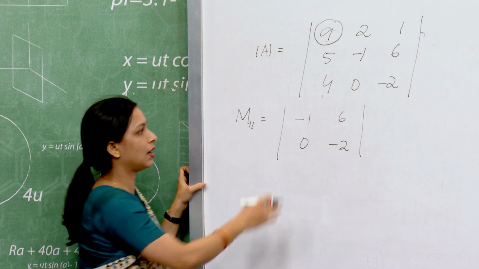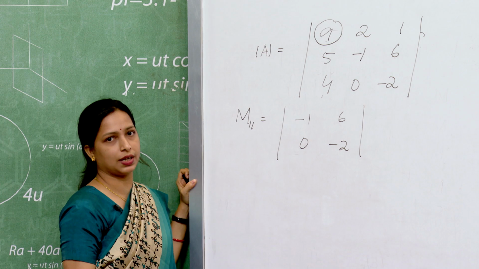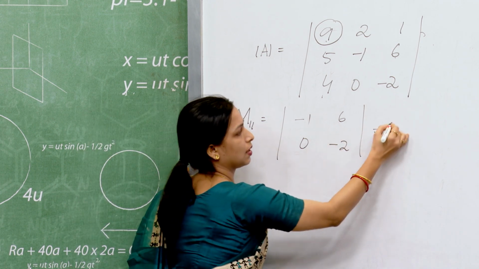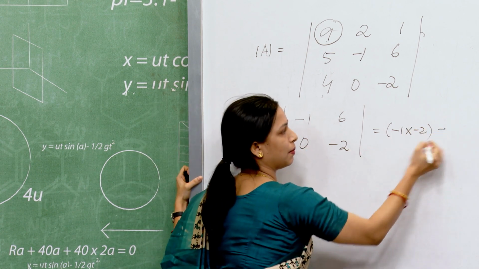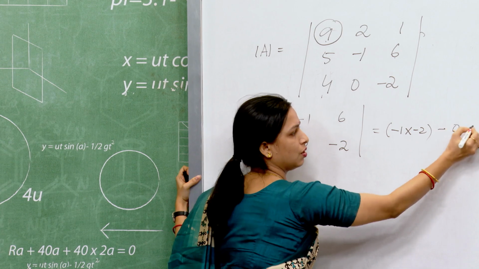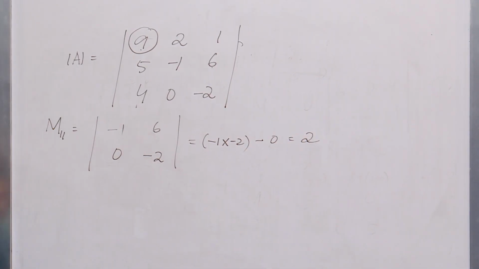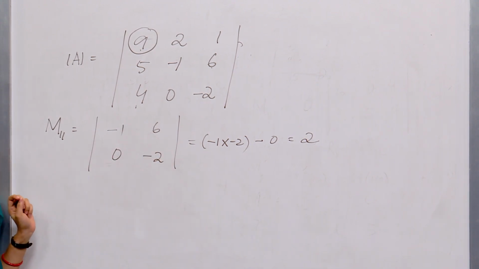Now, what is the next step? I cross multiply and find the difference of the parallel diagonal elements. So, that is -1 into -2, and this is -6 into 0. So, it is 0. -1 into -2 is 2. So, the minor of A11 is 2, right.